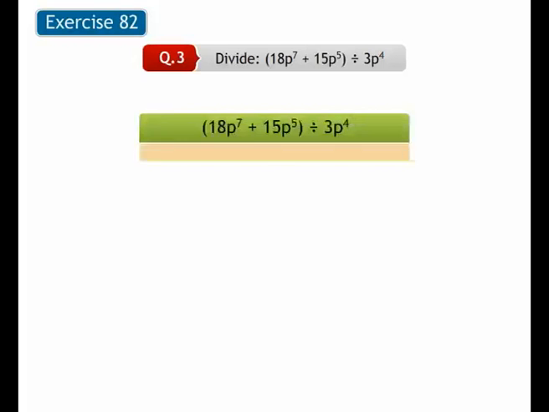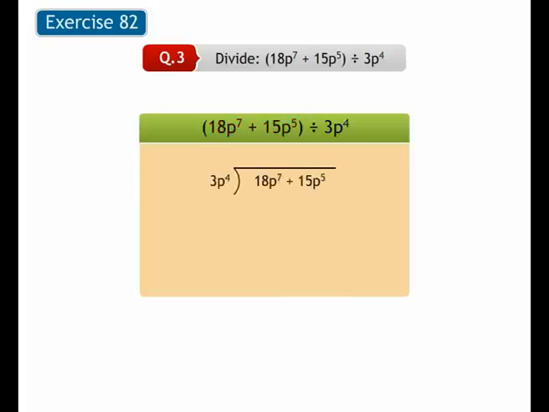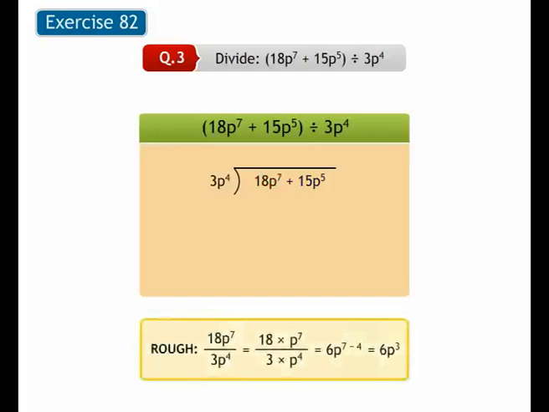Here the dividend is 18p raised to 7 plus 15p raised to 5 and the divisor is 3p raised to 4. Let us separate the dividend into two parts, that is 18p raised to 7 and the other is plus 15p raised to 5. To solve this sum, we will divide 18p raised to 7 with 3p raised to 4, in numerator-denominator form.